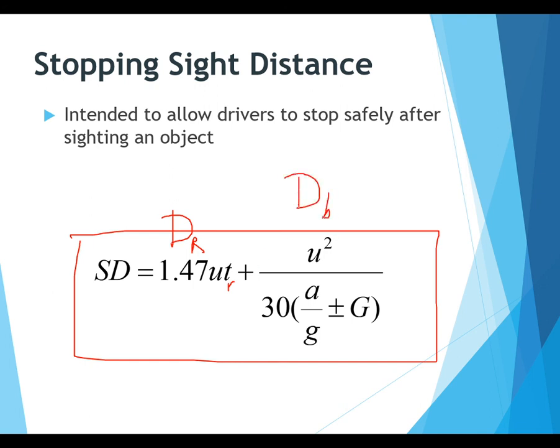The general equation is u1 squared minus u2 squared, and if u2 is 0, it goes to the equation you see. Here u1 is your original speed, divided by 30 times a, the acceleration rate, divided by g, plus or minus the grade. Again, grade is plus uphill and minus downhill.